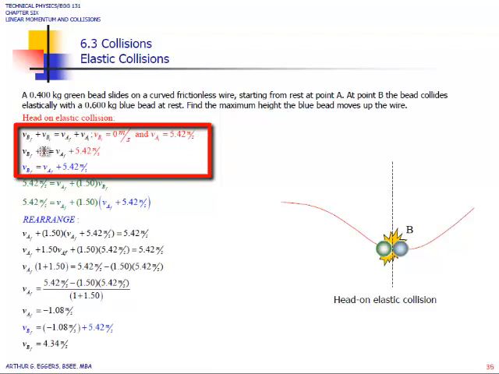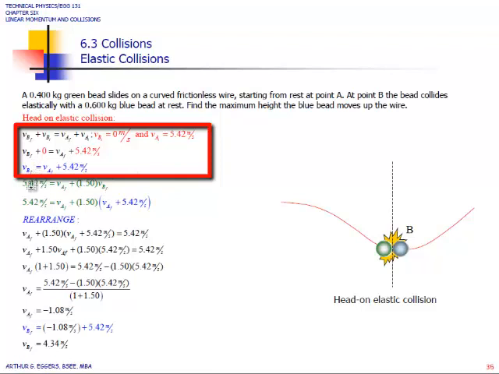So we can put those values into that relationship, and we see that term again goes to zero, the velocity of B initial. And the velocity of A initial. So now we have a term for the velocity of B final is equal to velocity A plus the initial velocity.